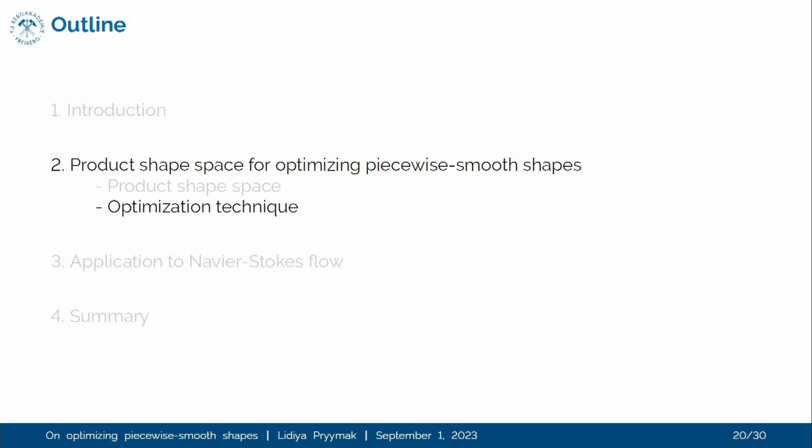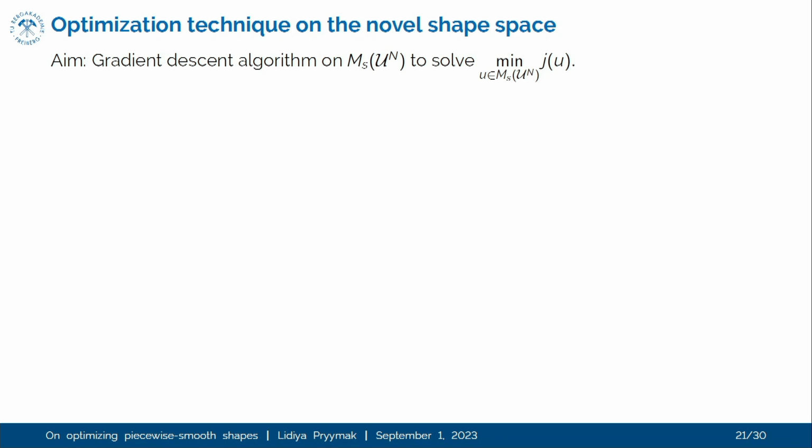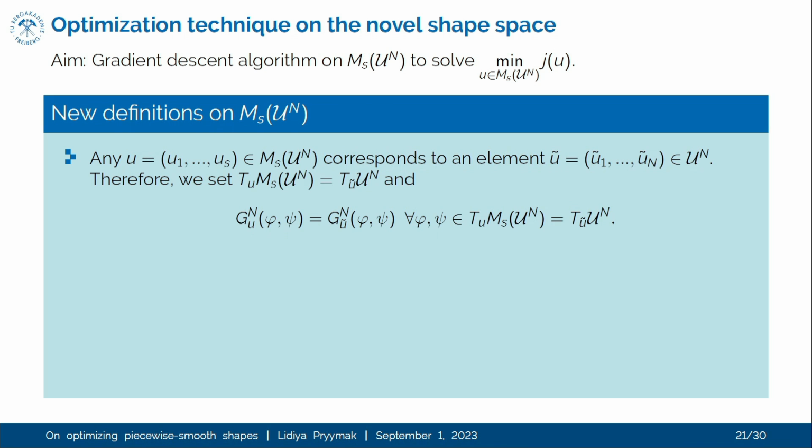Okay. So we have the definition of the shape space. Now we still want to know how to get an optimization technique on the shape space. In our case, we want the gradient descent algorithm on M_S of U^N to solve this kind of shape optimization problem. For this, we need to look some more into the structure of the novel shape space. First, the tangent space: any element in our shape space corresponds to an element in our initial shape space U^N.